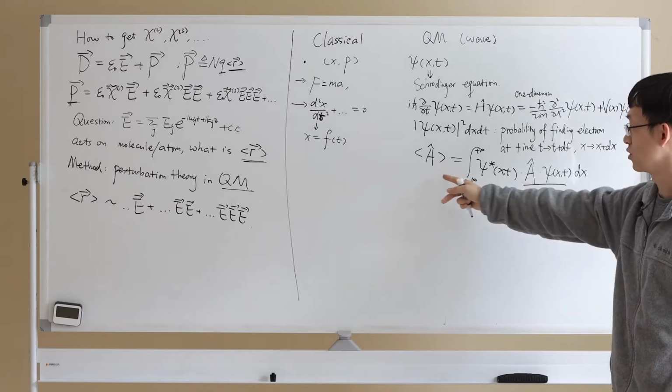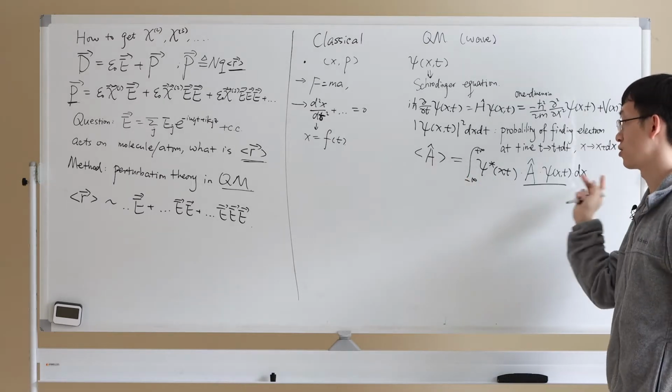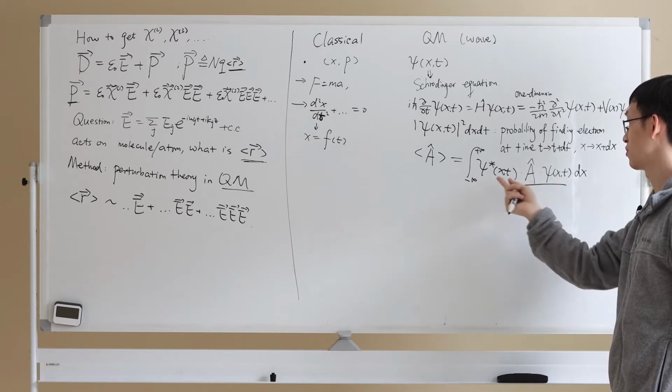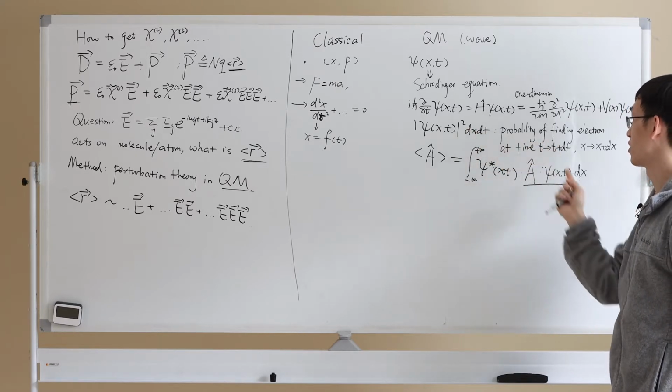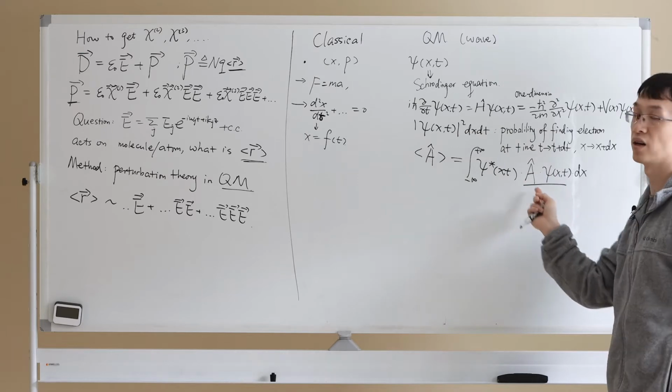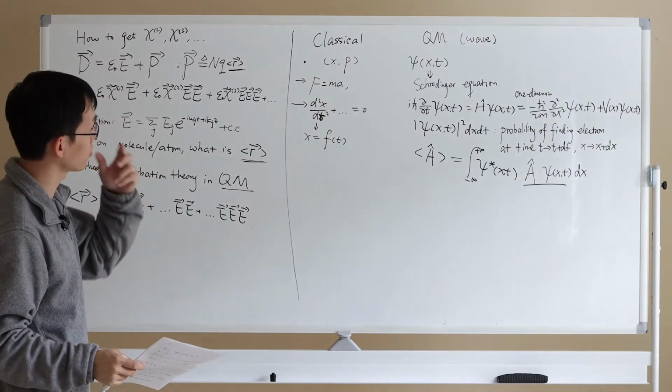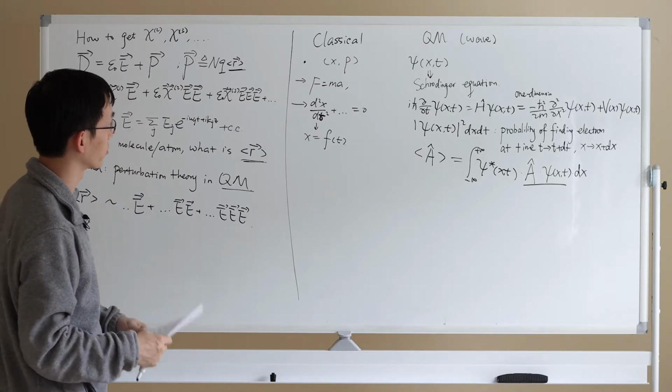But if you have trouble understanding this equation, you can just imagine probability density times your value gives you the average. So the concept here is very straightforward now.